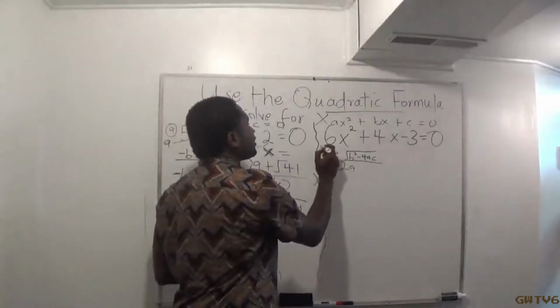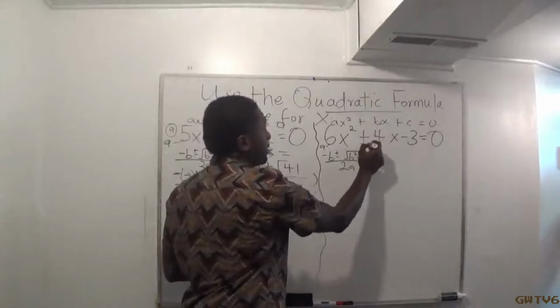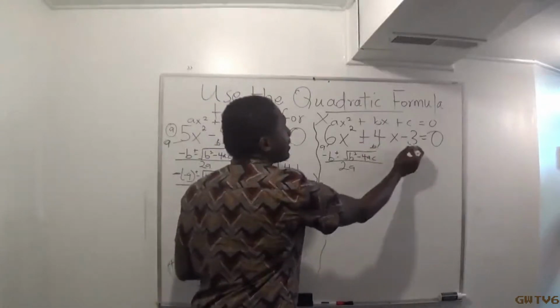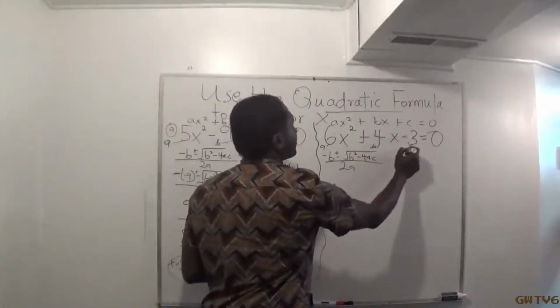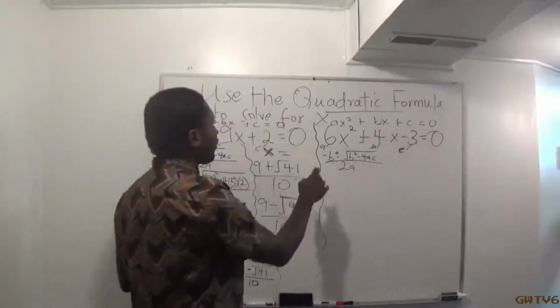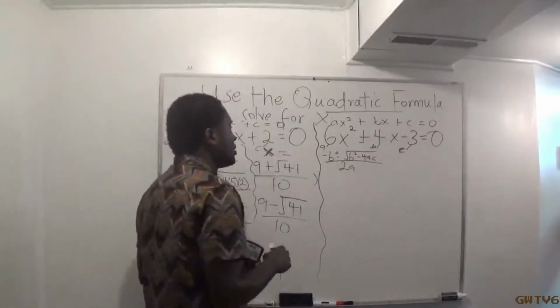I know always the first one is my a. So a is positive 6, b is a positive 4, and c is a negative 3. All I'm doing again is plugging into the formula.